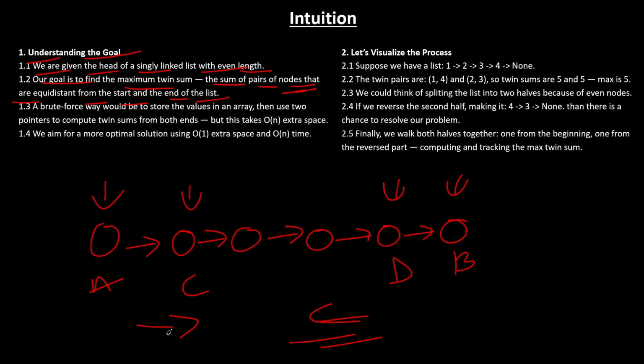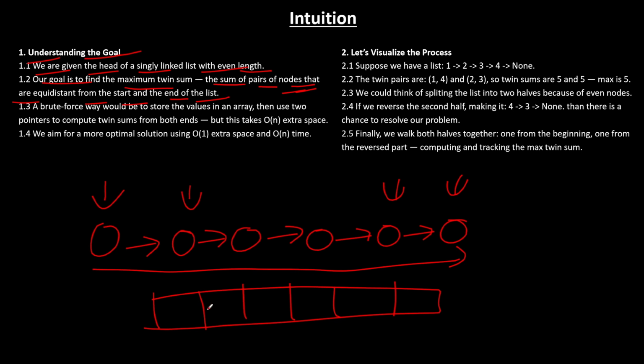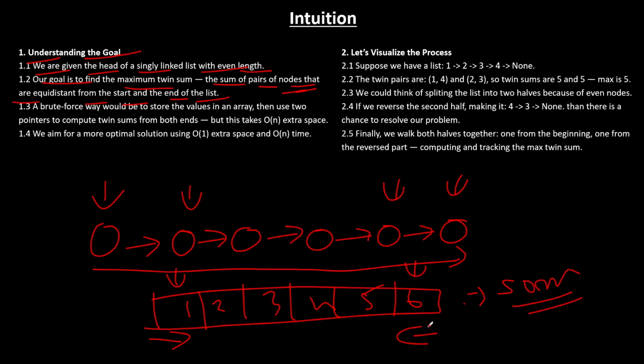So what could be the brute force, or the first thing that could come to our mind? We could traverse the complete linked list and store the values in a list: 1, 2, 3, 4, 5, 6. After that, we could use the two pointer concept and iterate from the front and back simultaneously, get the sum for each twin pair, and from there get the maximum value.